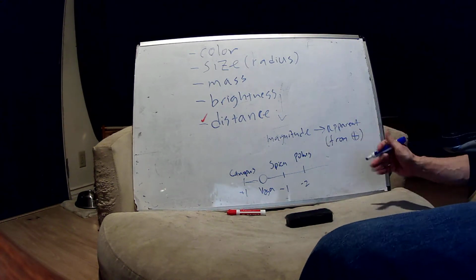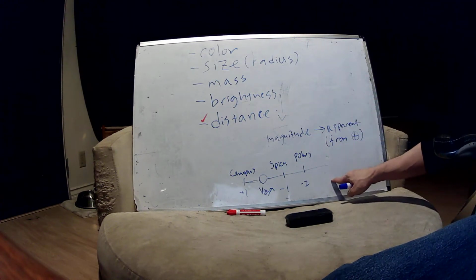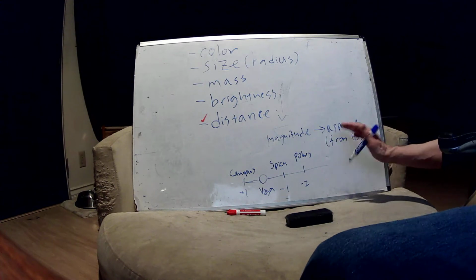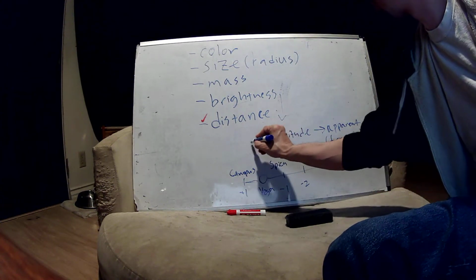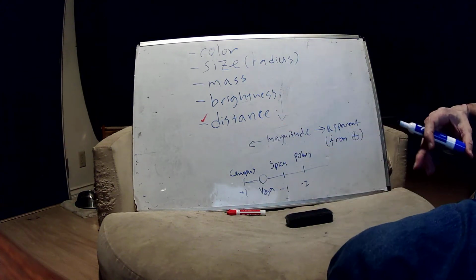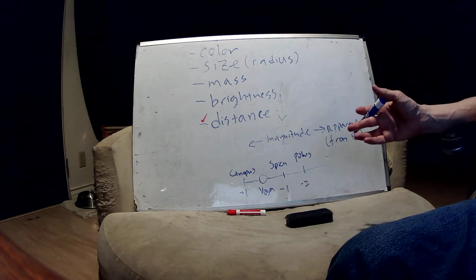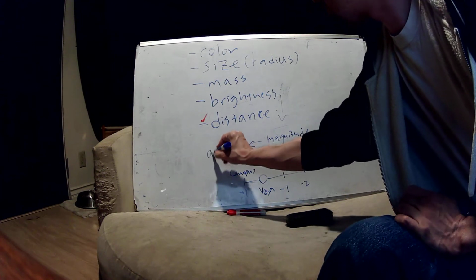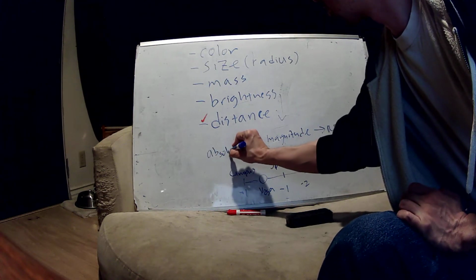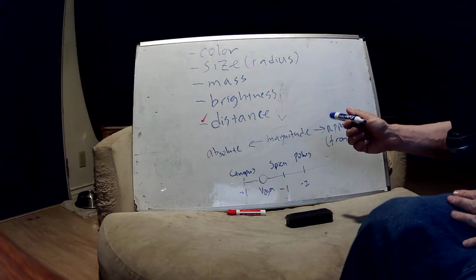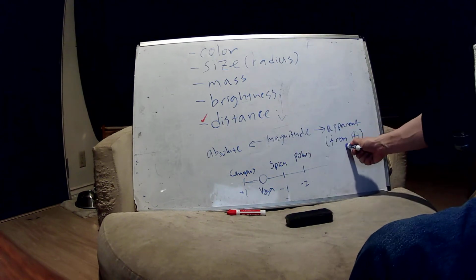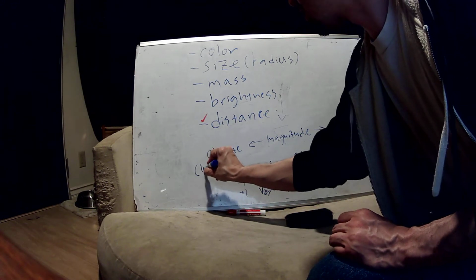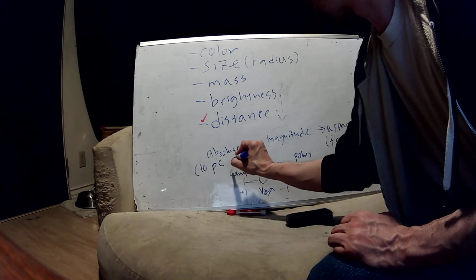Now that is different from how bright one of these things actually is, the intrinsic brightness of one of these objects, which is another matter altogether. The actual intrinsic brightness of an object is something that we call the absolute magnitude. And that's how bright something would appear not from Earth, but from a reference distance, a fixed distance of 10 parsecs.